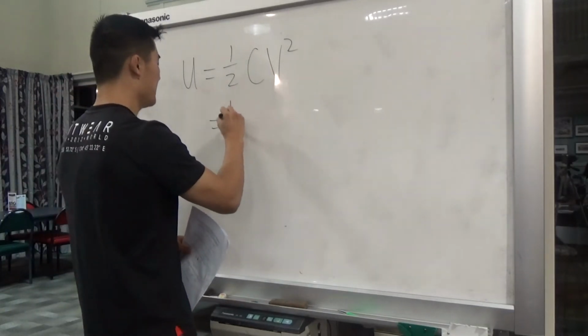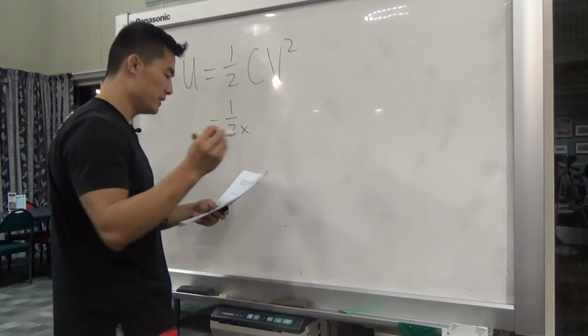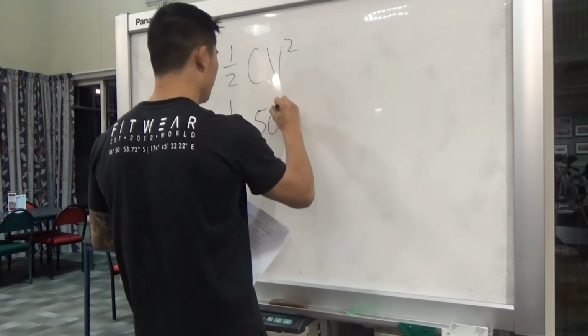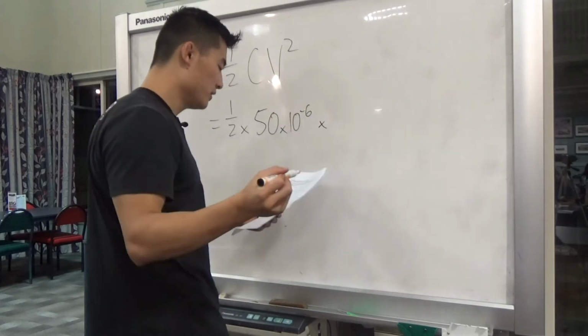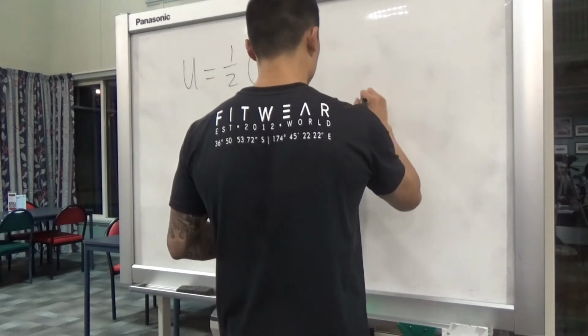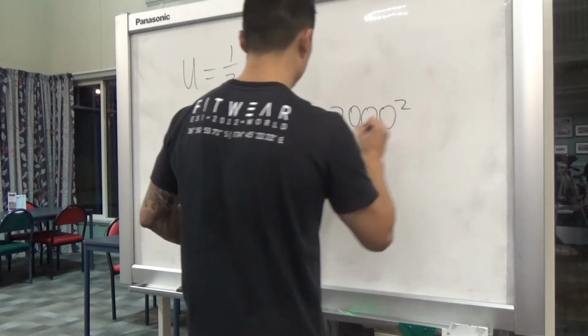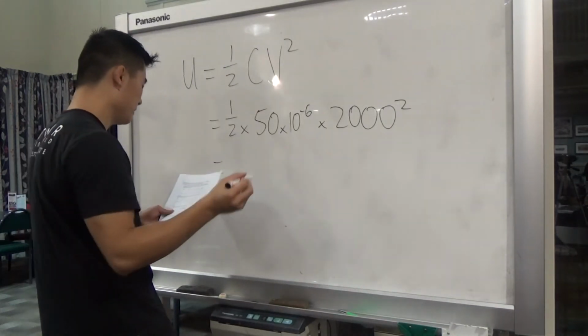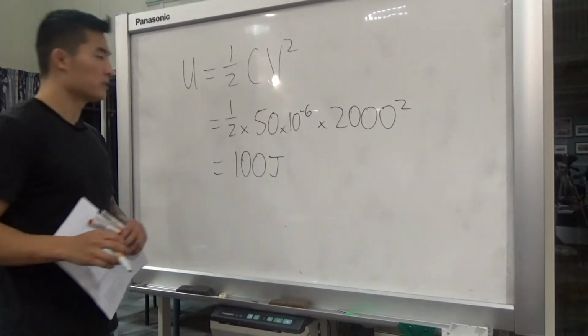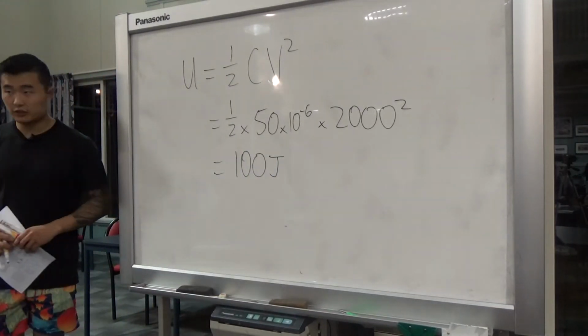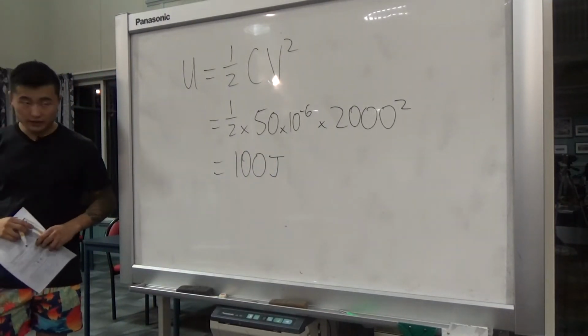So here it's half times our capacitance, which is 50 microfarads, so 50 times 10 to the negative 6, times our voltage, which is 2000, so 2000 squared. And that will give you 100 joules. Okay, so that's all you need to do. Really easy.